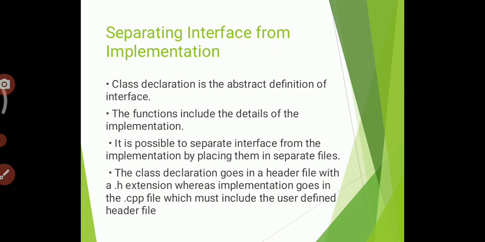It is possible to separate interface from the implementation by placing them in separate files. The class declaration goes in header files with .h extension, whereas implementation goes in the .cpp file, which must include the user defined header file.